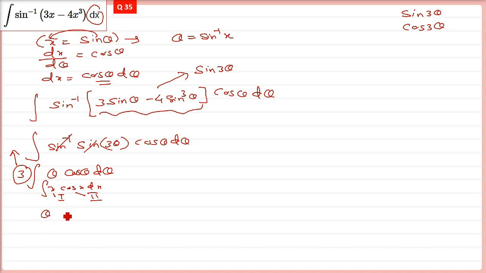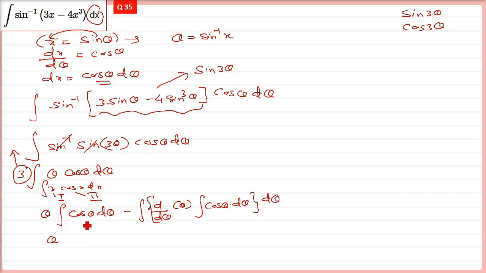So first theta, integration of cos theta d theta, minus integration of the differentiation of theta first, then the integration of cos theta d theta, and the final of these two will be integrated again with respect to d theta. What is the integration of cos theta? It's sine theta.